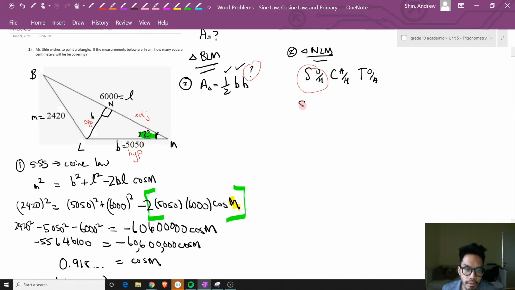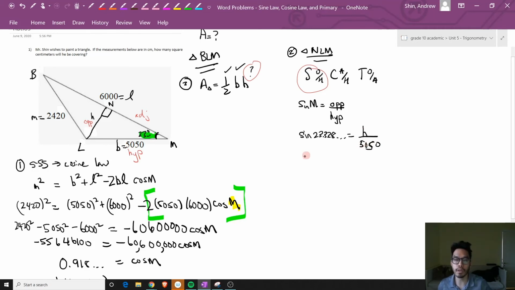So let's use sine of angle m equals opposite over hypotenuse, and angle m is 23.328... equals the opposite, which is h that we're looking for, and the hypotenuse is 5050.